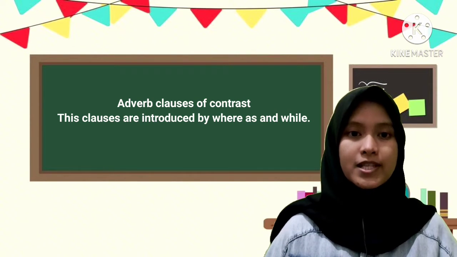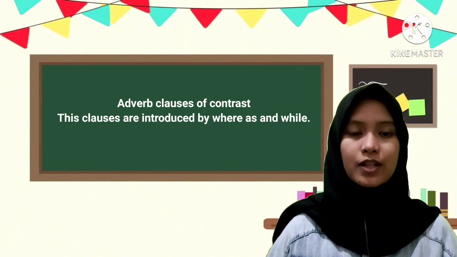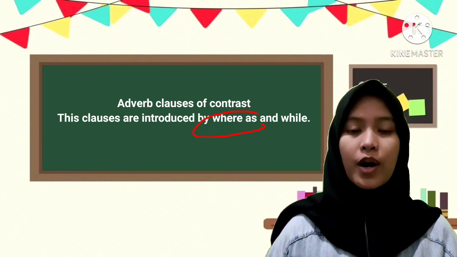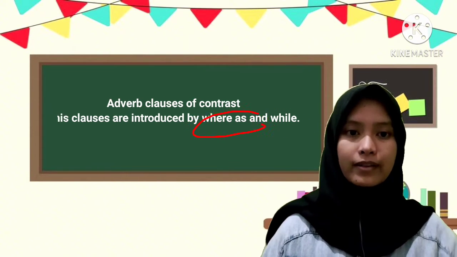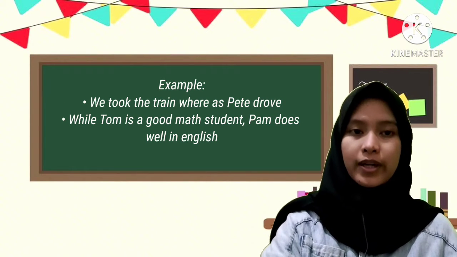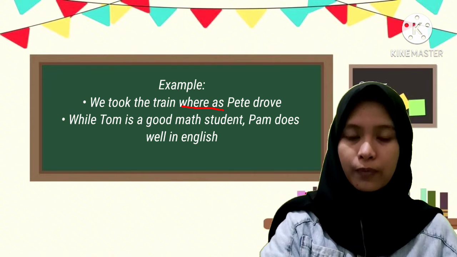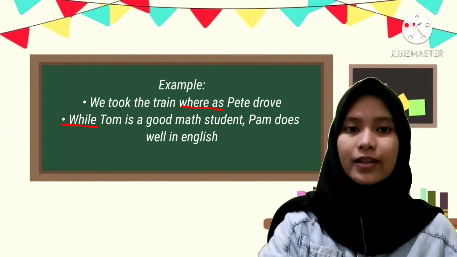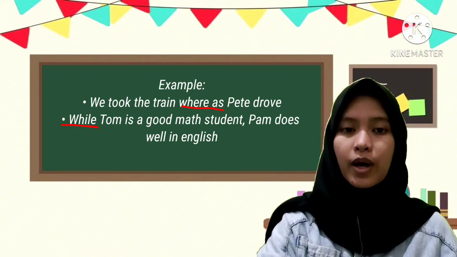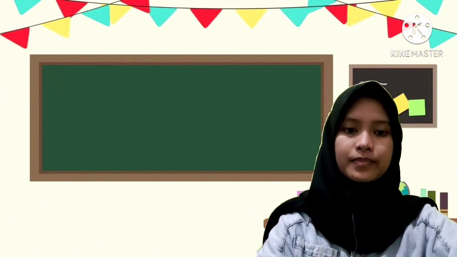Adverb clauses of contrast. These clauses are introduced by whereas and while. For example, first, we took the train whereas Pete drove. Second, while Tom is a good math student, Pam does well in English.